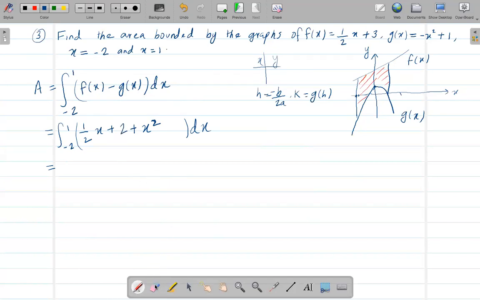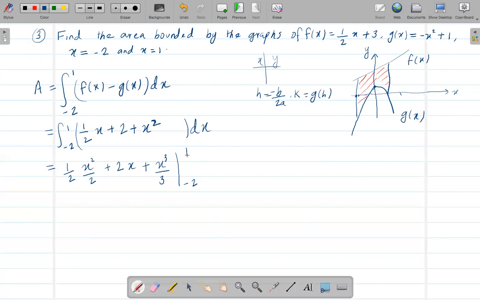Now I can take the integration. A number I can just bring out; the integration of x is x squared over 2. The integration of a number is that number times x. And for this one, it will be x to the power 3 over 3, from -2 to 1.